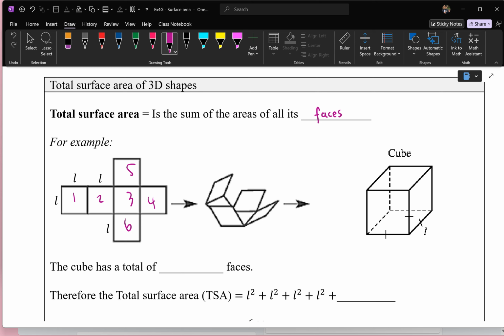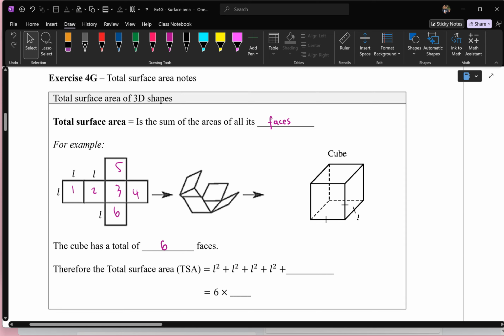So if I asked you to paint this cube, you would need to find the area of the front, back, sides, top, and bottom and add them all together to get your total surface area. So this cube has a total of 6 faces.